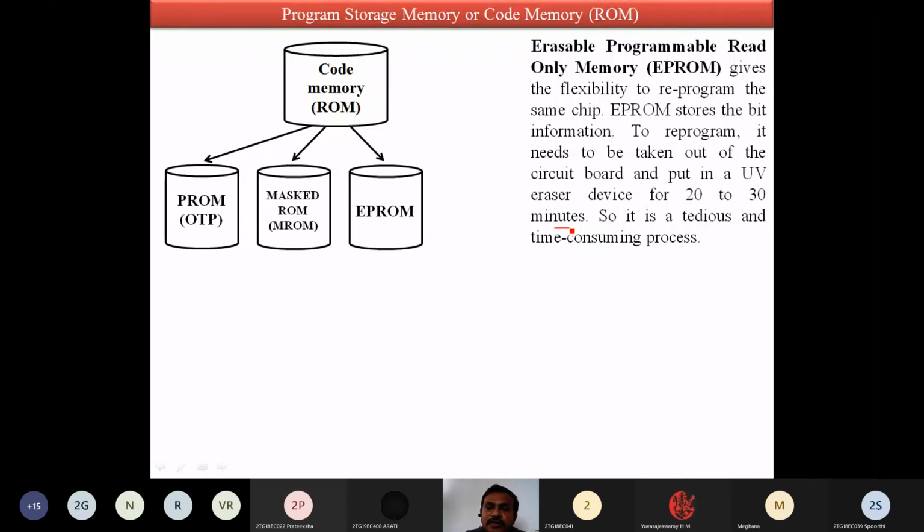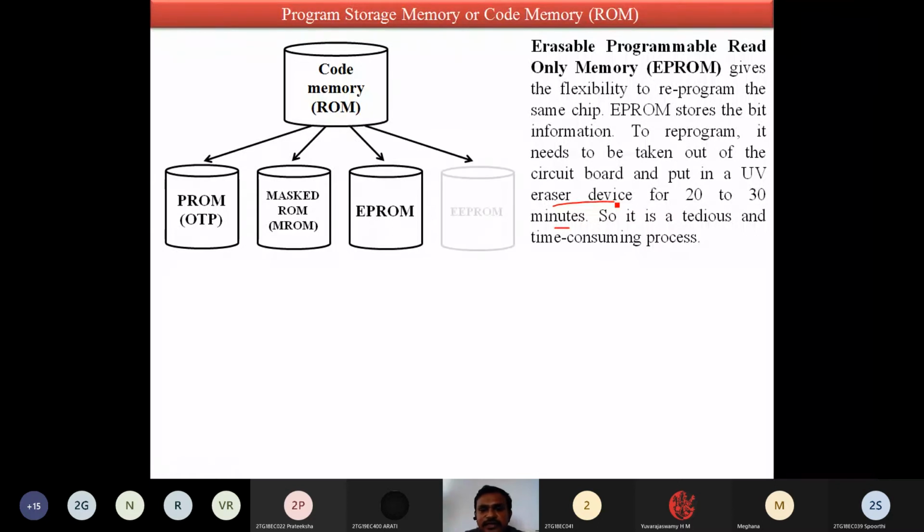Not by directly connecting the toy to any reprogramming environment. The memory will be removed from that toy, then given to the reprogramming environment. Ultraviolet erasing devices will be used for this EPROM reprogramming. Obviously, it is tedious and time-consuming.